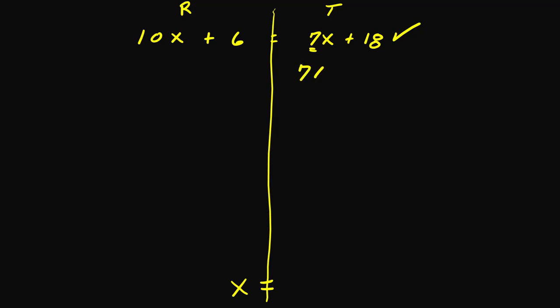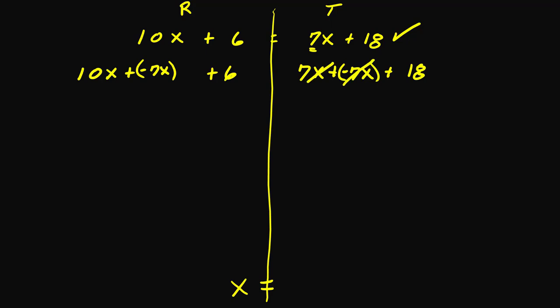That would be 6x, add a negative 7x. Go ahead and bring down the 18. And since I added a negative 7x on this side, I'll do the same thing on the opposite side: 10x, add a negative 7x, add 6.